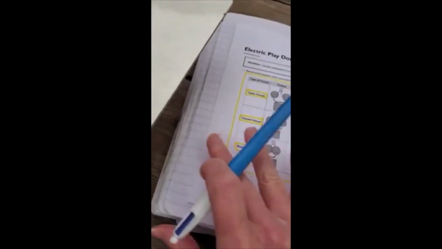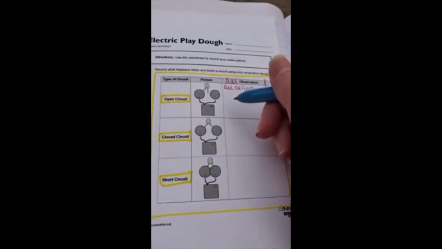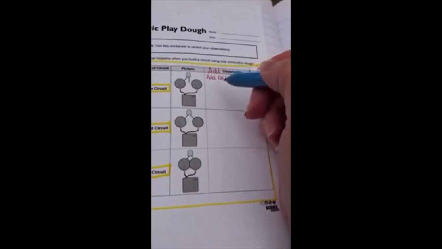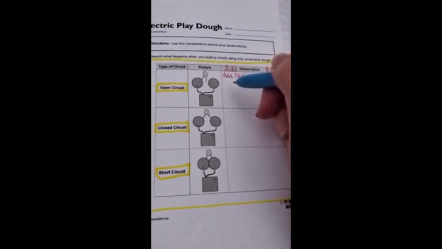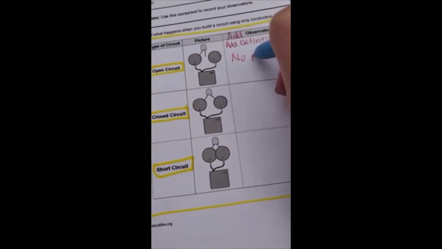So let's go ahead and add that definition here to the drawing. Okay, you guys could just sketch this if you don't want to print it or whatever. So open circuit means that there is no path connected, like a wire is cut or not touching, for electrons to flow on.